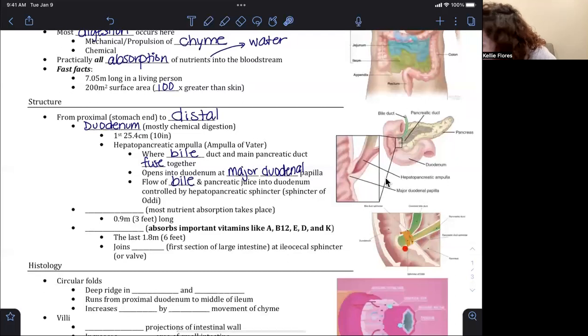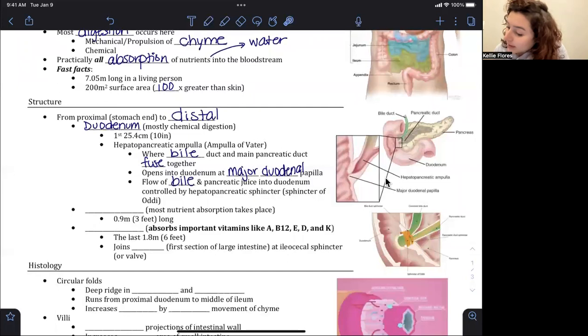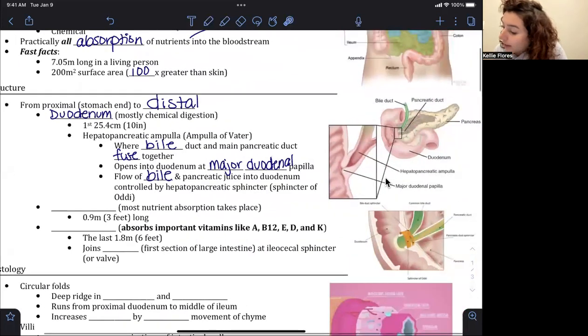It's that ring of muscle that controls, like a doorway. We talked about sphincters in the past, the cardiac sphincter, pyloric sphincter, lower esophageal, all that stuff. Sphincters are rings of muscle that are controlled, and sometimes remind us of a doorway. Okay, so that is the duodenum.